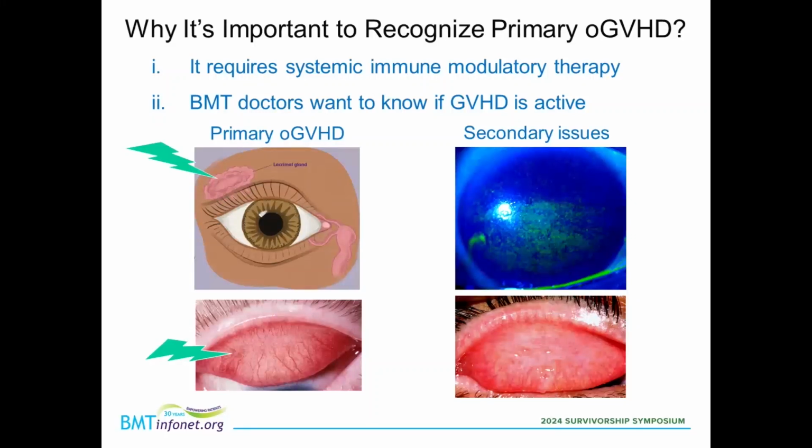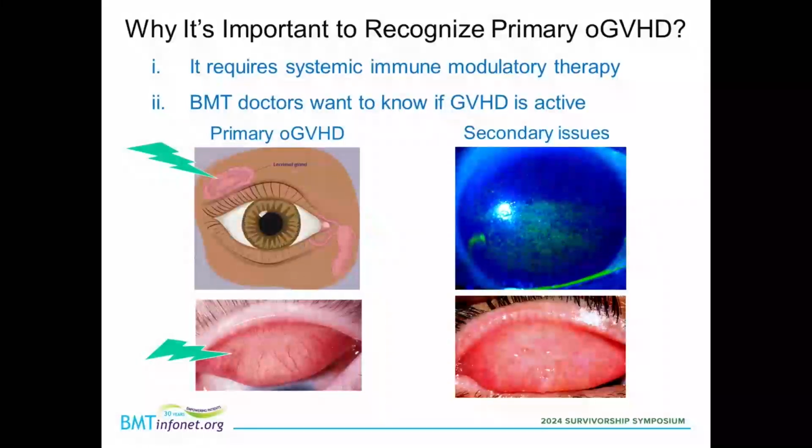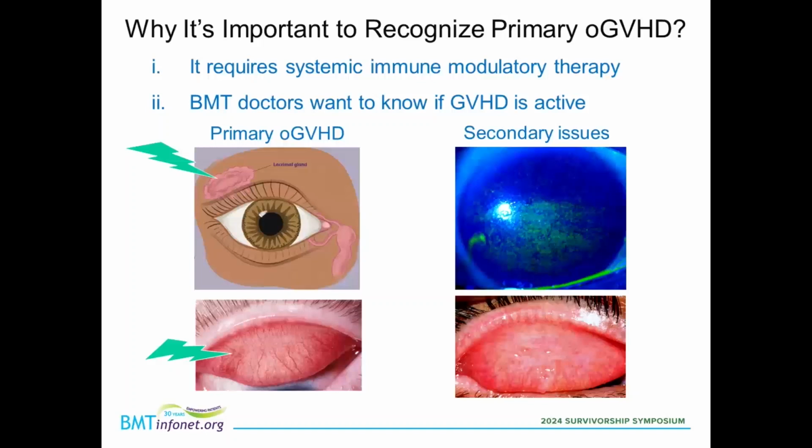If you look at this on the bottom of this 4 slides, you'll see the conjunctiva. I've got a lightning bolt at it showing you that there could be activity there. And I'm going to show you in a minute what happens when there's activity. Over here, secondary issues on the upper right-hand side, you see fluorescein staining of the cornea, punctate epithelial erosions of the cornea, which are secondary issues from the GVHD.